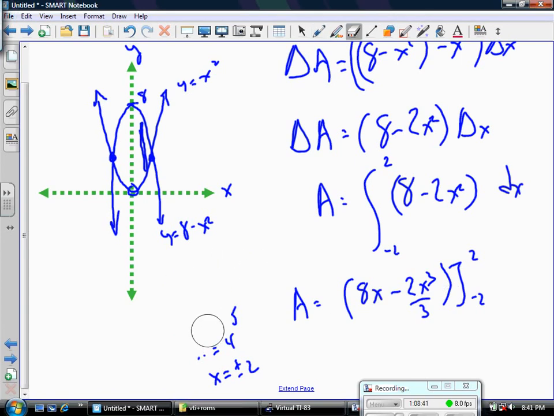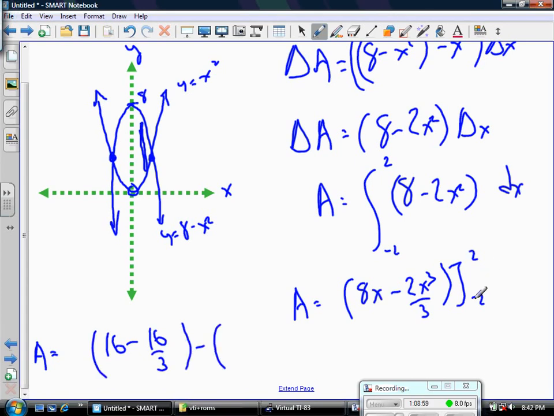So, all right, let me get rid of this stuff. Make some room. And so A equals, let's plug in 2. You get 16 minus 2 cubed is 8 times 2 is 16, so minus 16 thirds. Minus, plug in negative 2, I get 2 times negative 2 is negative 16. Negative 2 cubed is negative 8, times a negative 2 is a positive 16. And so you do both of these.